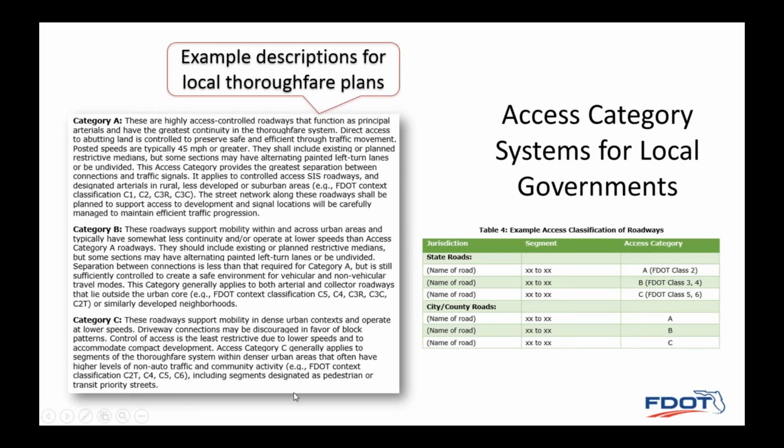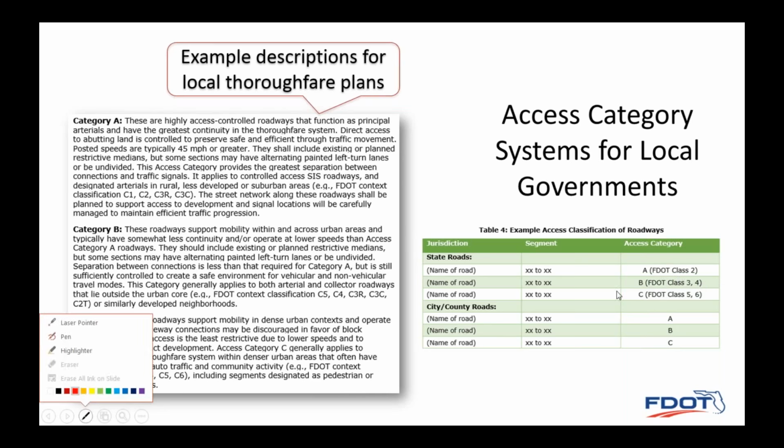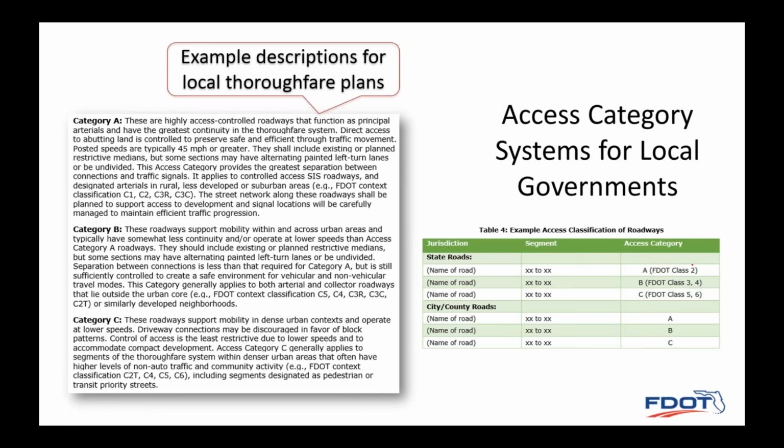And they may even include a transit priority street or pedestrian priority street. So with that in mind, what they relate to is shown over to your right. And you can see the FDOT access classes.